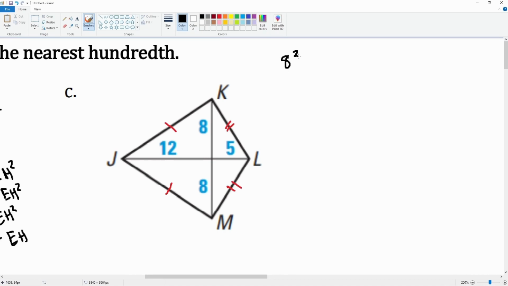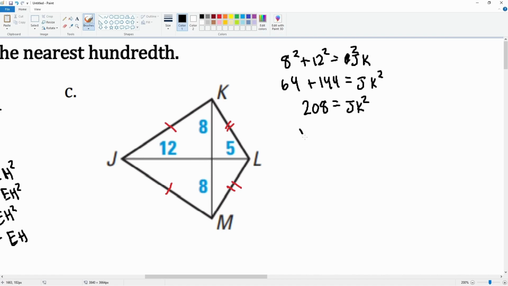So we have 8 squared plus 12 squared is equal to JK squared. 8 squared is 64. 64 plus 144 is equal to 208 is equal to JK squared. Square root both sides. You get the square root of 208 as JK. And this is square root 208.